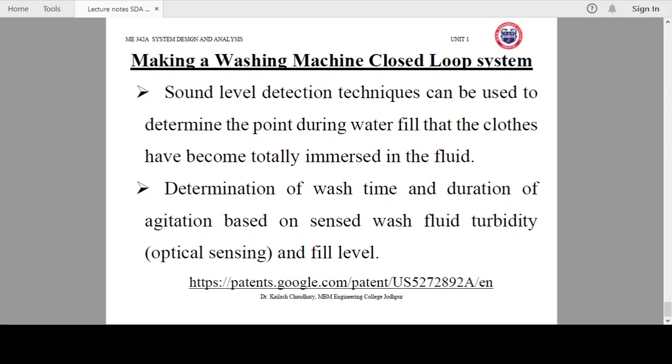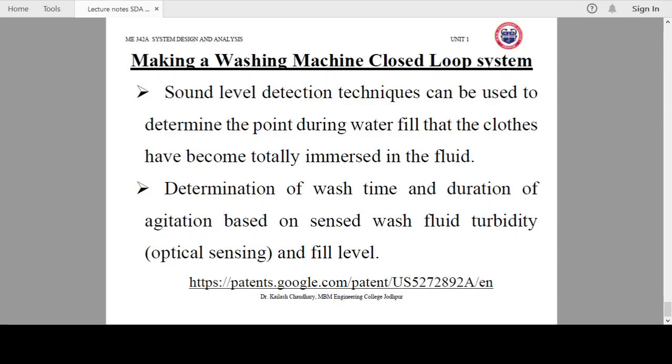All these settings you need to set before starting. So it's a simple instruction-giving machine where you give instruction to the machine and it acts. So a washing machine is typically an open loop system, but you can make it a closed loop system. We'll see how we can do this.